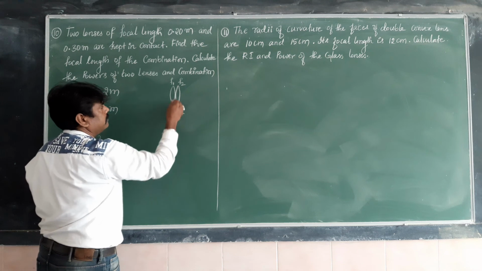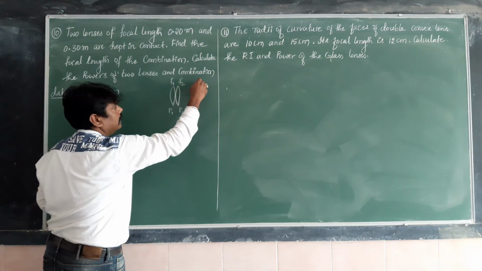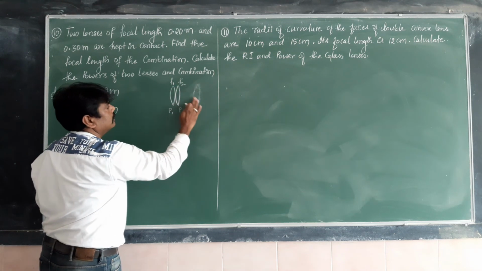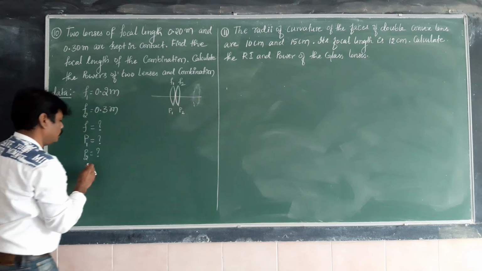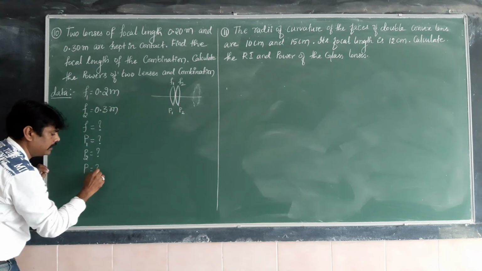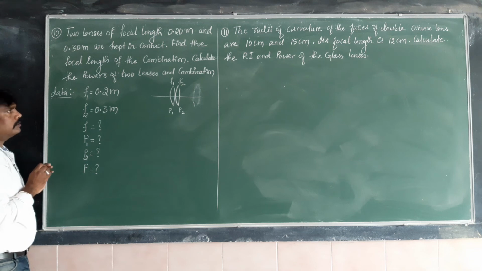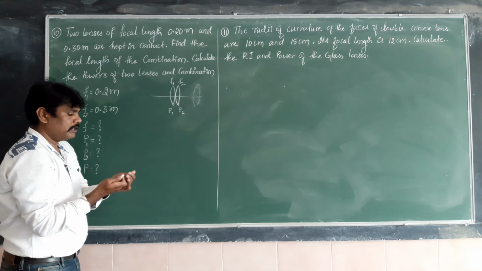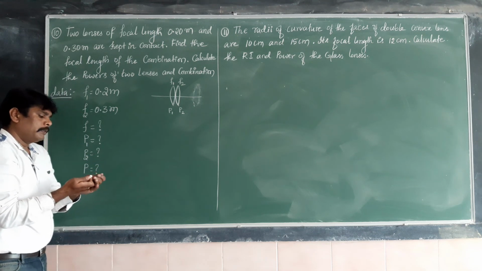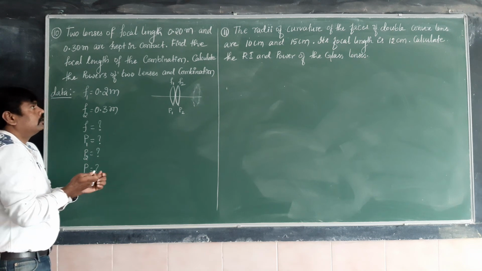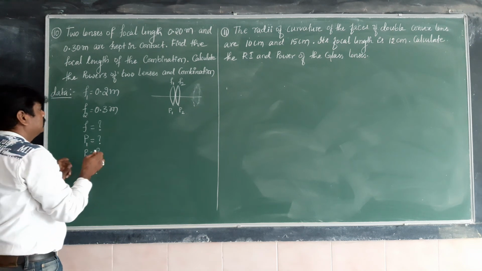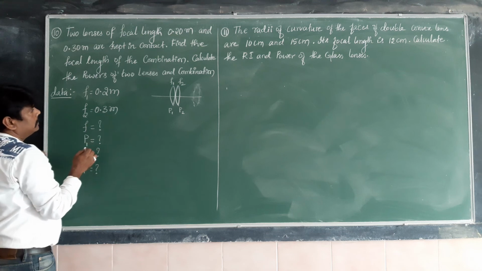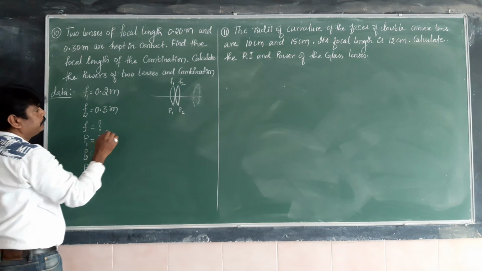Combining these two, we get a single lens like this, whose power we consider as P. This is the simplest problem actually. It was asked in a previous year question paper, so it is a very important problem.